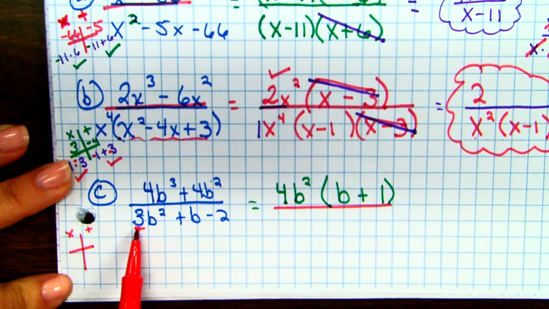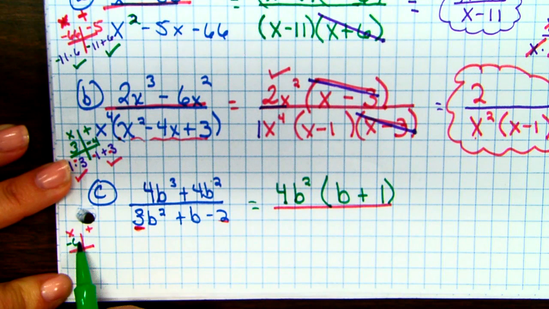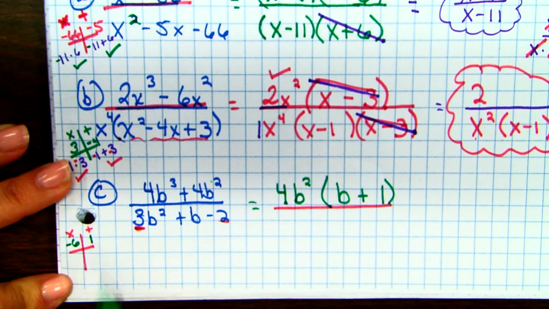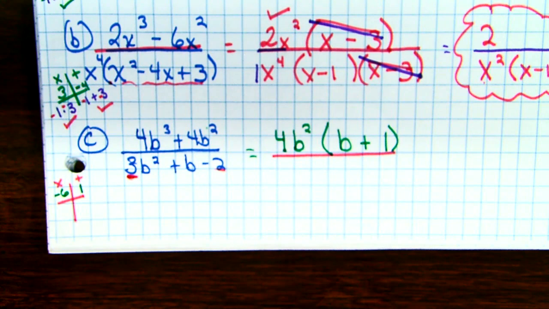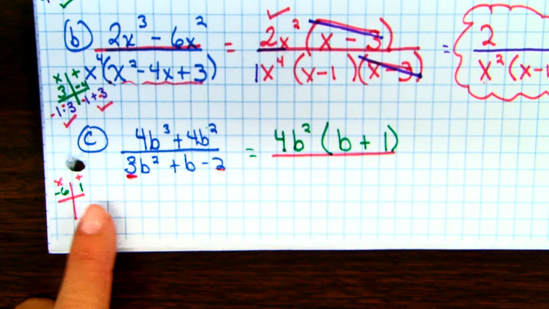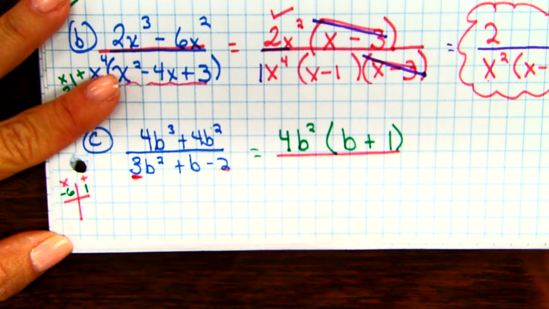We need to find those 2 numbers that we're going to split the middle into. So again, we do A times C is -6, and our B value is 1, right? That's a 1 in front of the B. So 6 has 2 sets of factors, 1 times 6 and 2 times 3. Only one of those sets is going to give us a 1 somehow, and that would be the 2 and the 3, right?